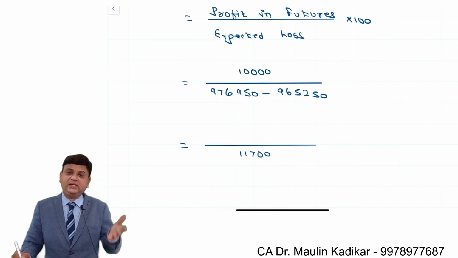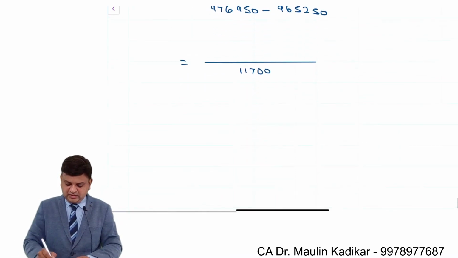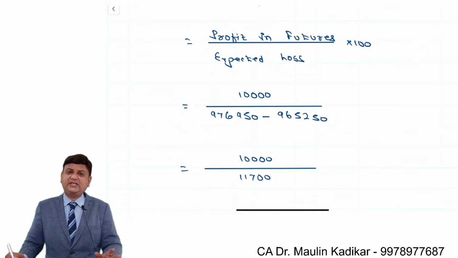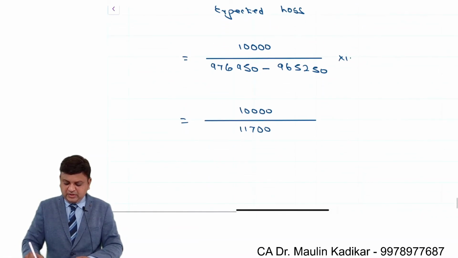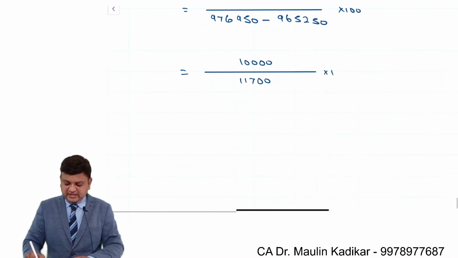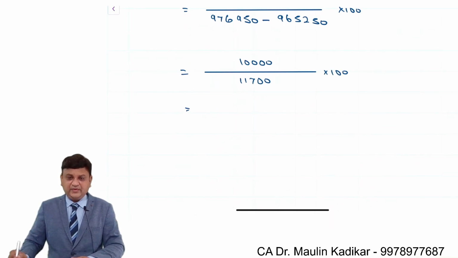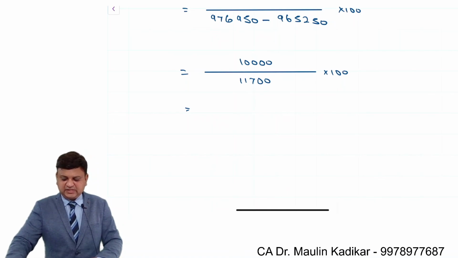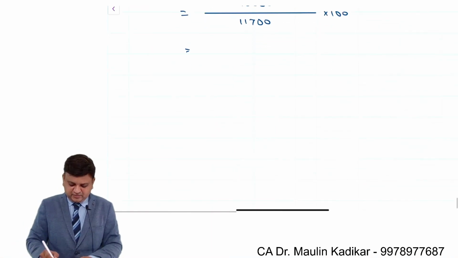So to that extent, your expected loss is reduced. The expected loss is a kind of transaction risk. So you are able to recover a loss of 10,000 out of 11,700. That is the way the hedge efficiency is calculated. So it is 85.47%.